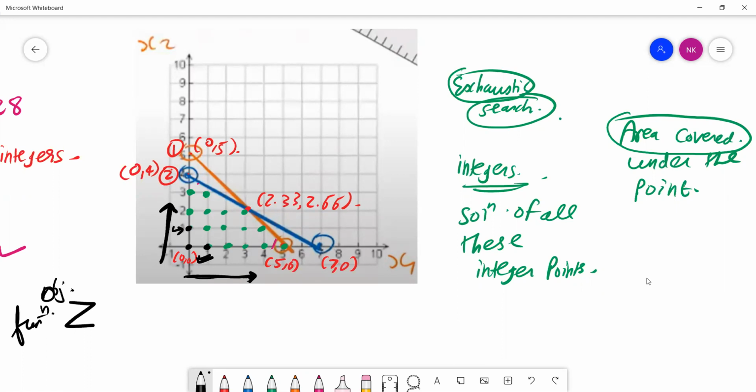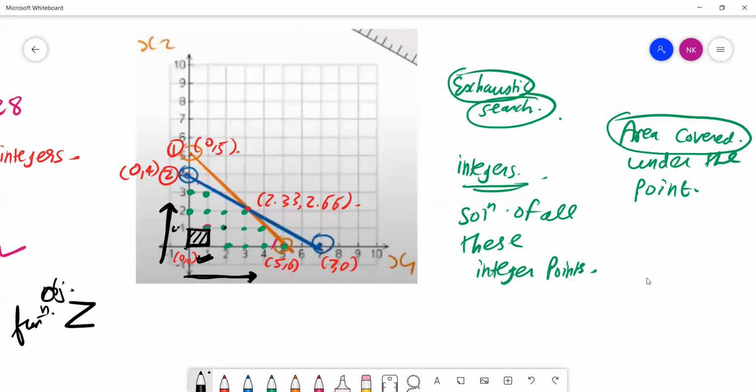For the point 0, 0, the area covered is 0. For the point 0, 1, only one strip will be covered. For the point 1, 0, it is the horizontal strip that will be covered. For the point 1, 1, the entire square box will be considered.